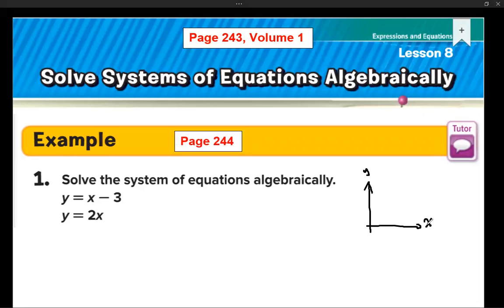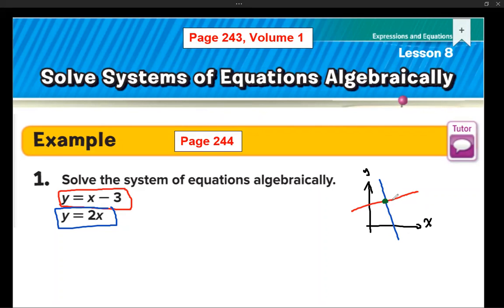So what we have basically done is to take this equation and graph a line that represents it. Let's say it's something like this. And then we took the other equation and graphed the line that represents it. It's something like this.